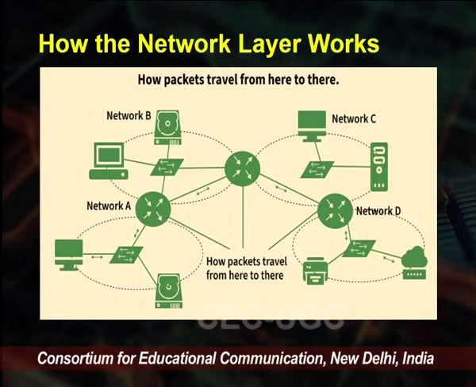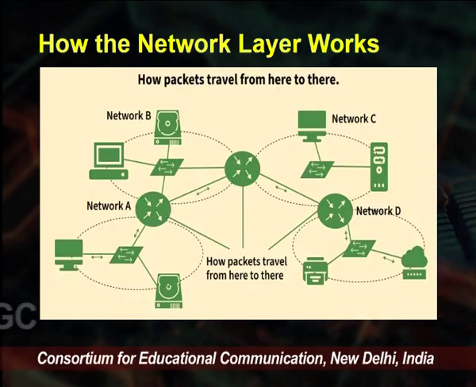In this figure, you can see there are 4 networks A, B, C and D, and these 4 networks are having internetworking devices, simply we can say routers.